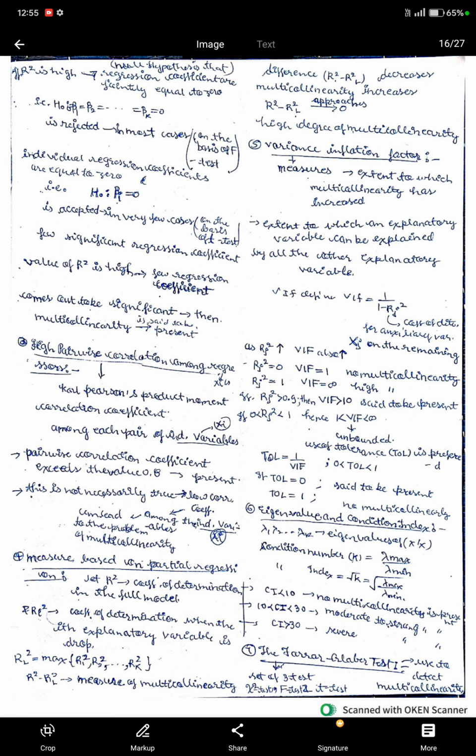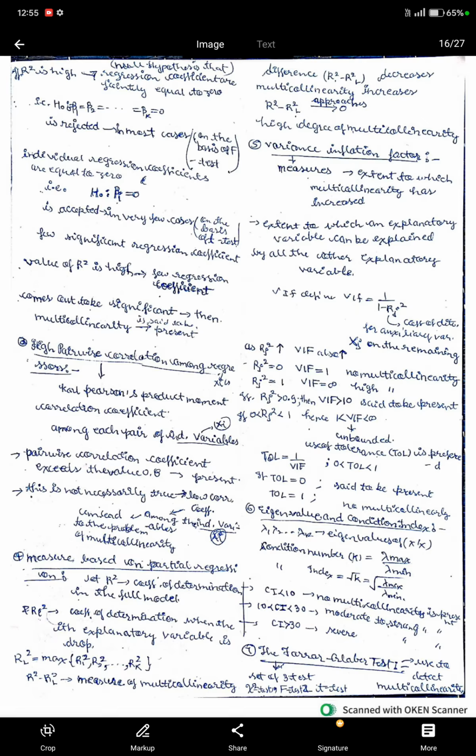Eigenvalue and condition index. Lambda 1, lambda 2 and so on, lambda k, are the eigenvalues of X dash X. Condition number k equals lambda maximum by lambda minimum. Condition index, root k, equals root of lambda maximum by lambda minimum. Here lambdas are eigenvalues of the matrix X dash X. When the condition index is less than 10, no multicollinearity is present.